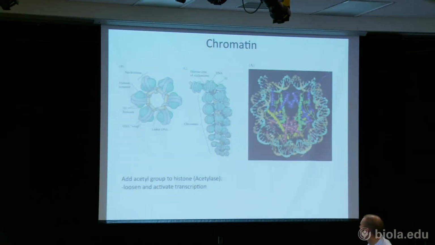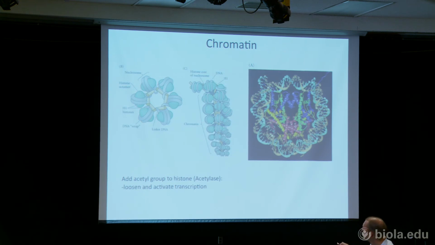Okay? So a big part of whether or not you're going to make a piece of DNA or not is based on what level of condensation the genome is at. Okay? We've talked about this a little bit before, but this is regulated on many different levels, but at the fundamental level, you add these active groups to the histones in the histone octamers.